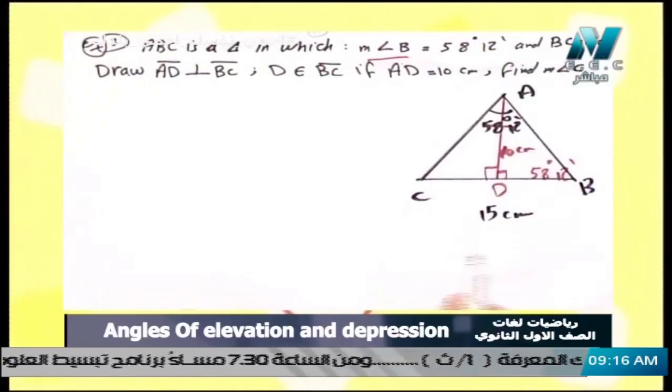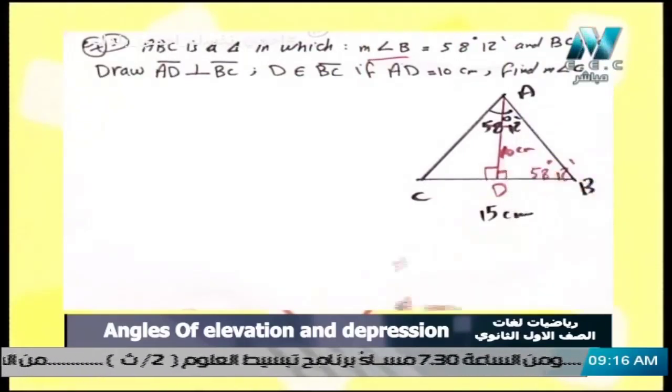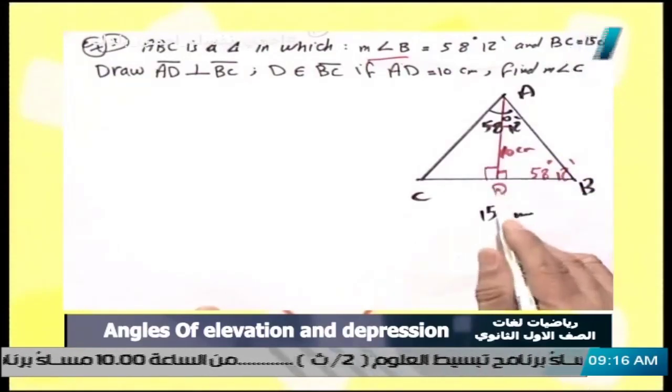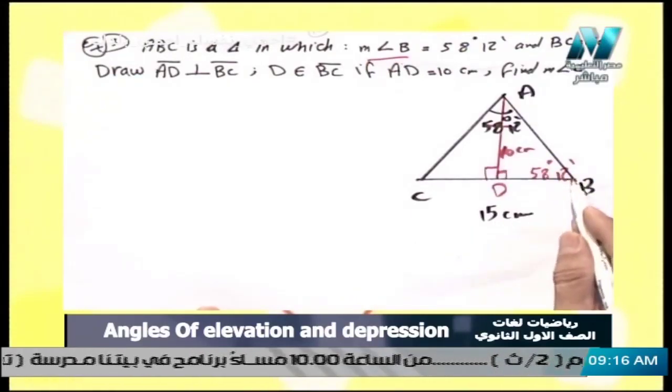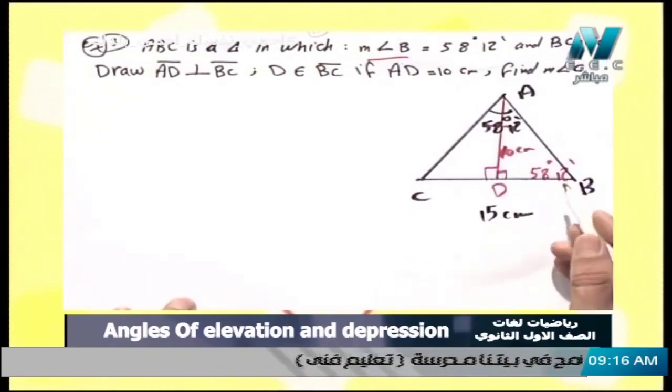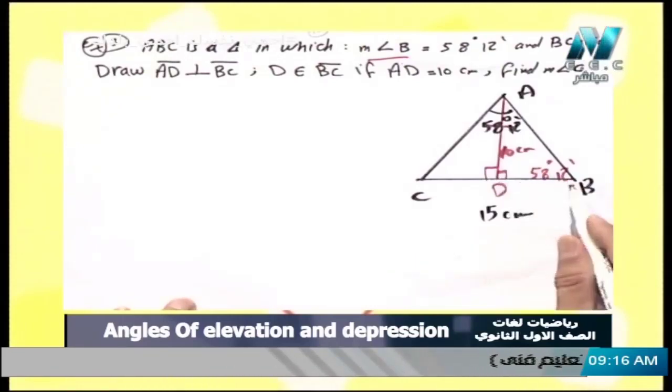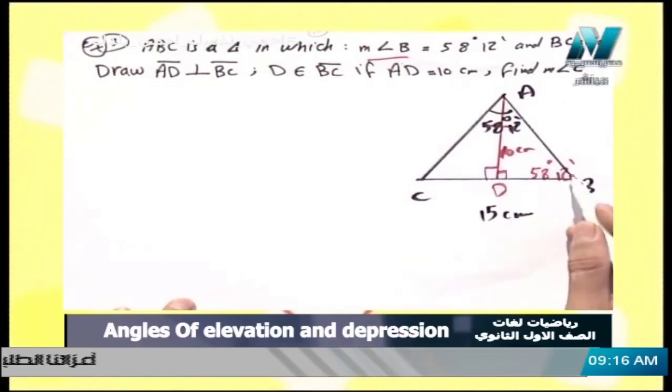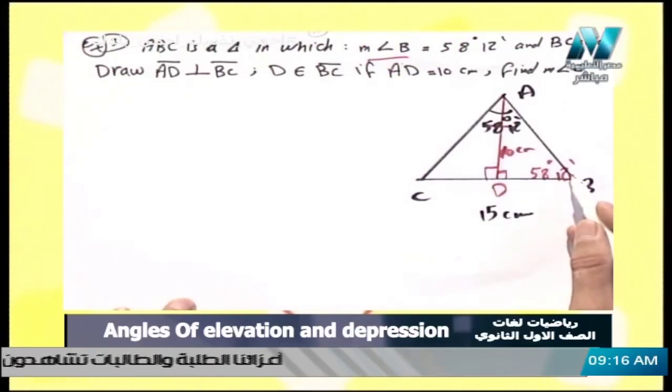Okay, we have here AD equals 10 and measure angle B equals 58, 12. So to find DB as an example, we will use cosine.